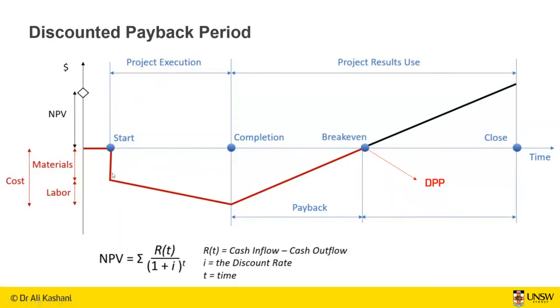So your cash flow is going to be negative, and it stays negative because you keep paying for the materials and labor, etc., until the project is completed. Let's say that you're constructing a building, so you finish it here. Until then you only have negative cash flow because it's only cash outflow.